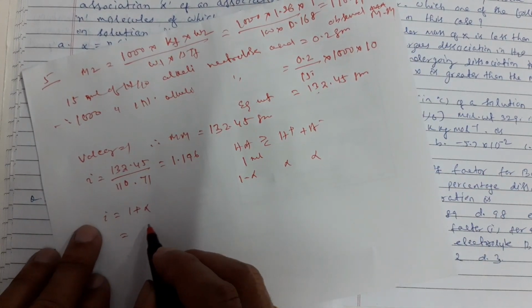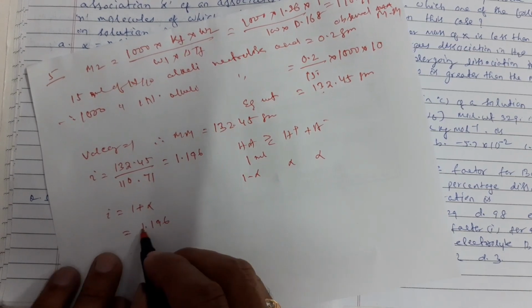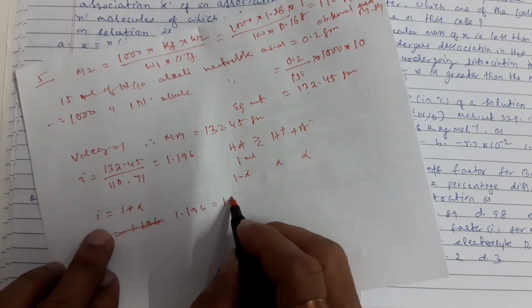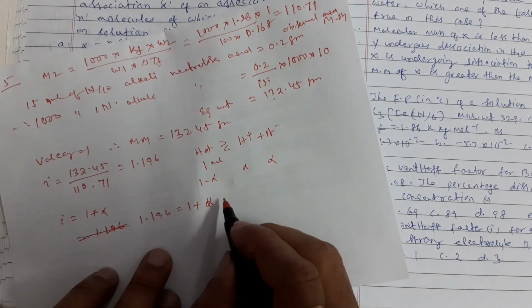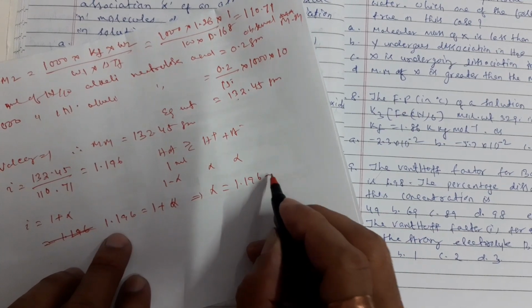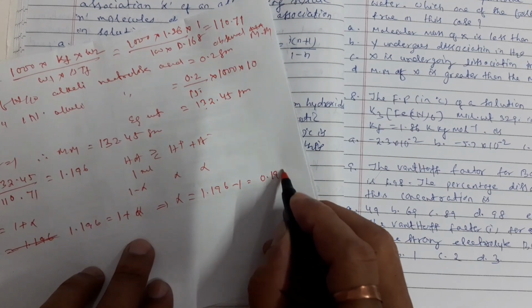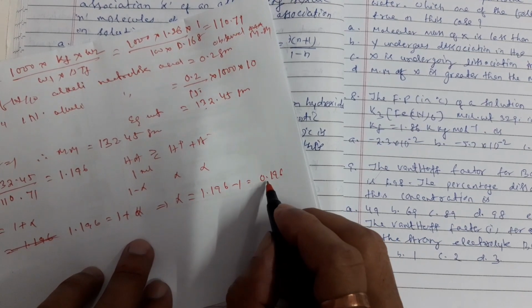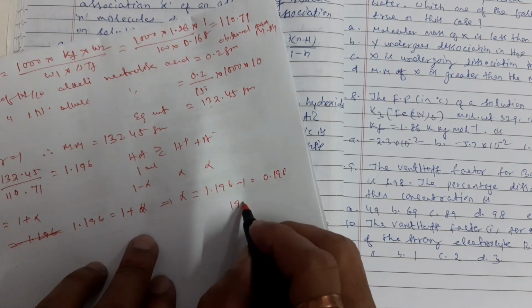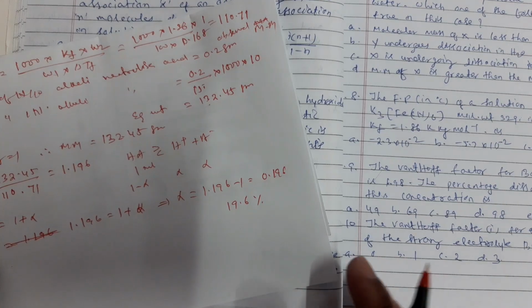So what is i? i is 1.196, which is equal to 1 plus alpha. Therefore alpha is 1.196 minus 1, which is 0.196. That means the percentage of dissociation is 19.6%. Alpha is the degree of dissociation.